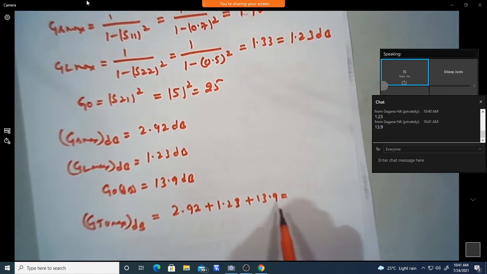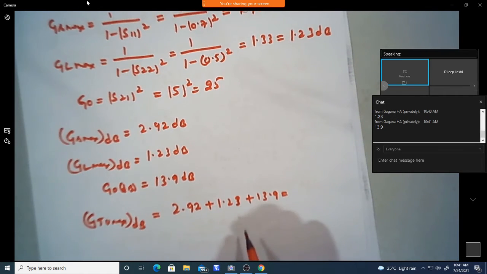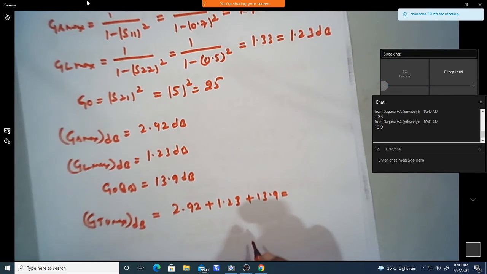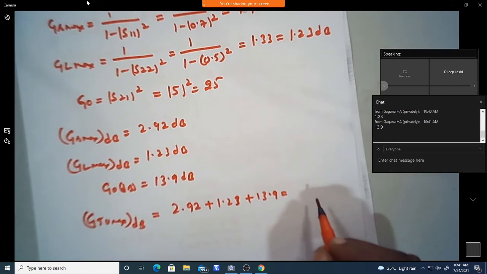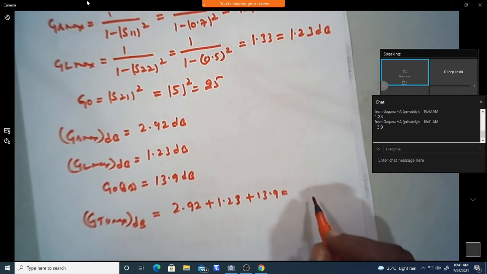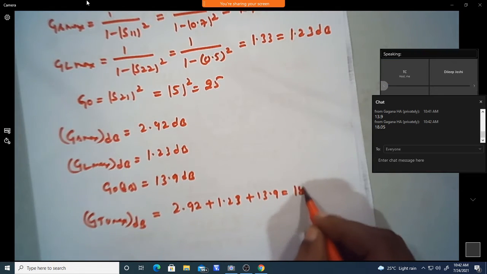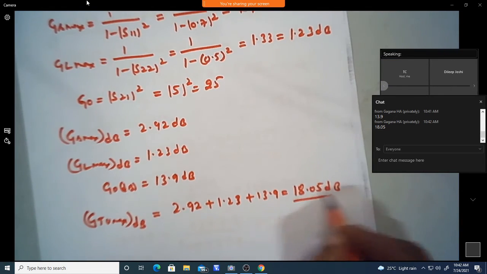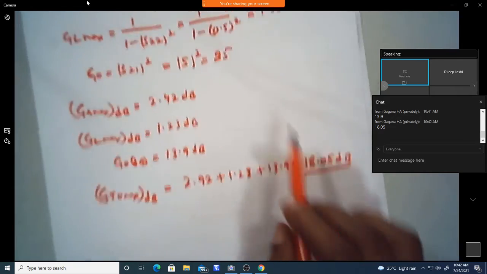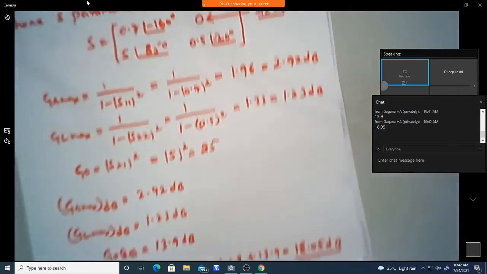What is the total value of the gain? Okay, 18.05 dB. So this is the maximum gain we are going to get from the complete design.